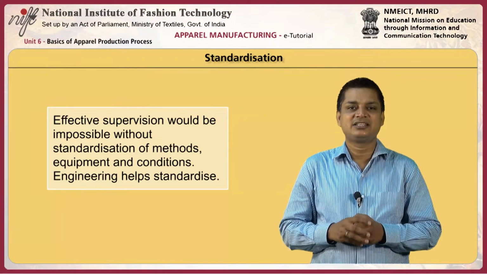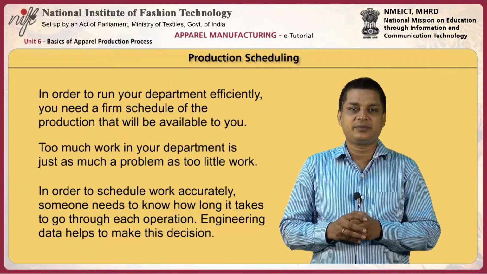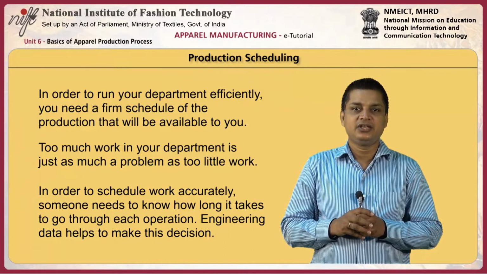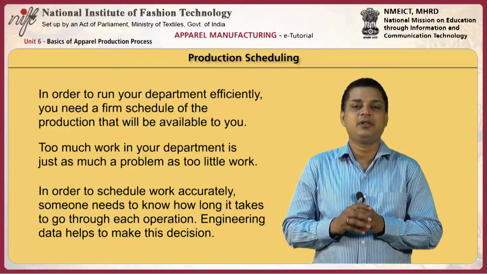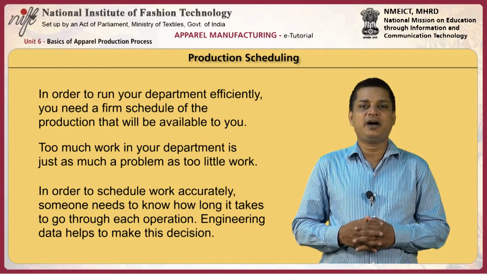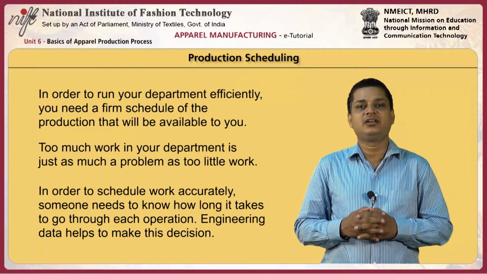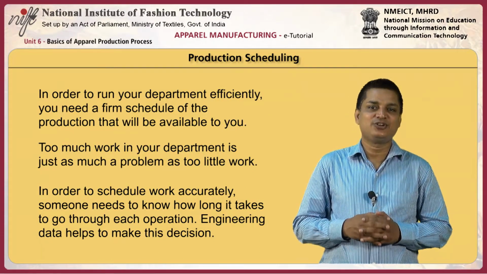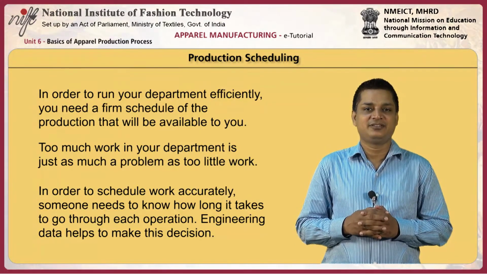Engineering helps standardize. In order to run your department efficiently, you need a firm schedule of the production that will be available to you. You know that too much work in your department is just as much a problem as too little work. In either case, your department's ability to produce efficiently is hampered.